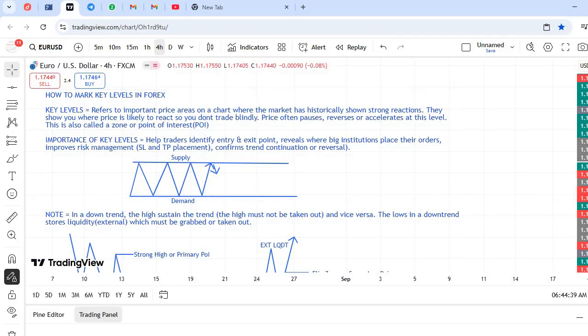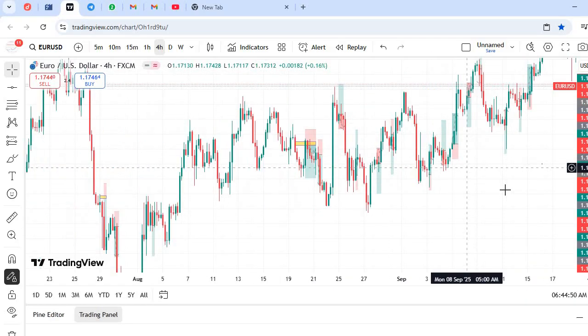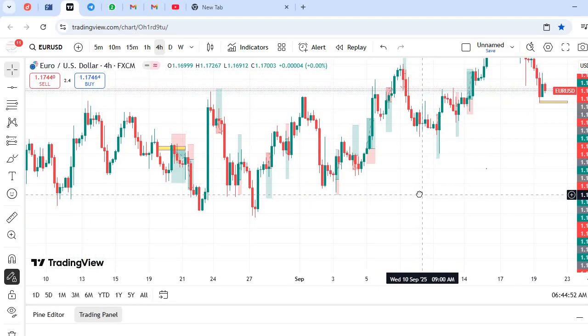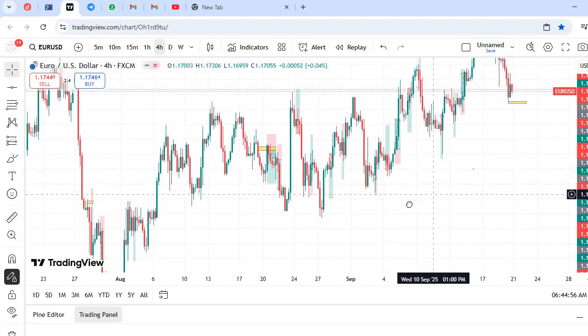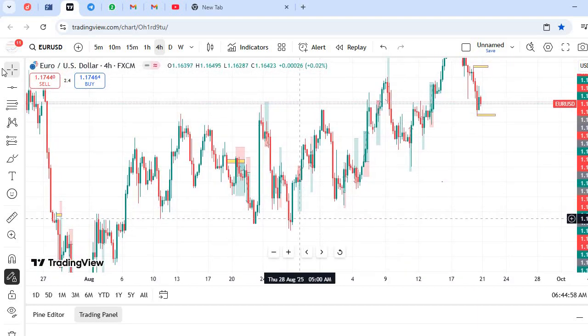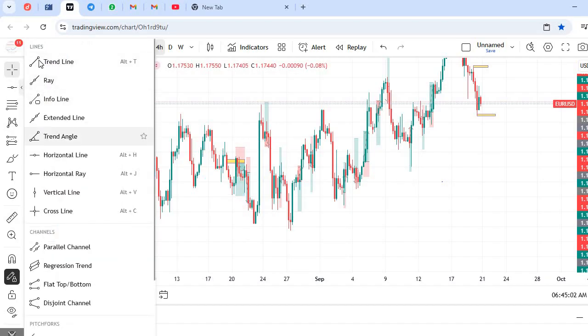let's go back to, okay, for instance now this is Euro USD. Can you see? So this is a support level or a demand level that we have here.